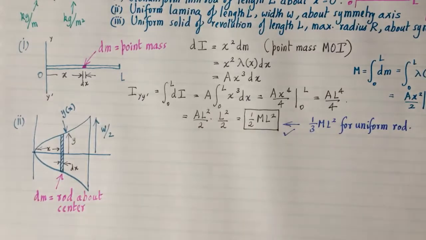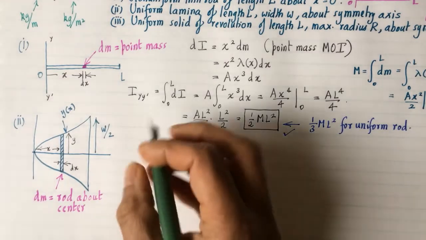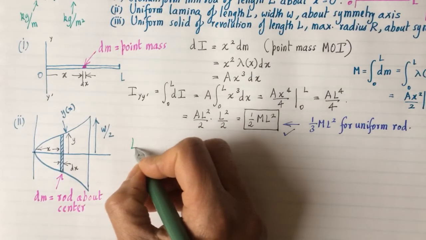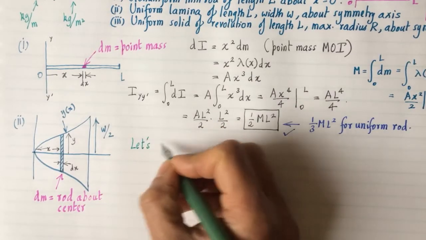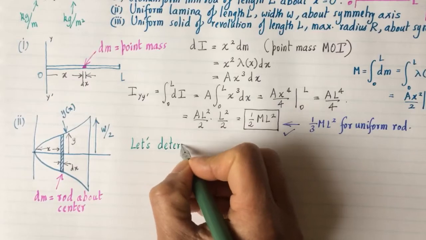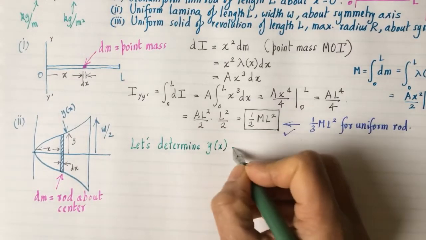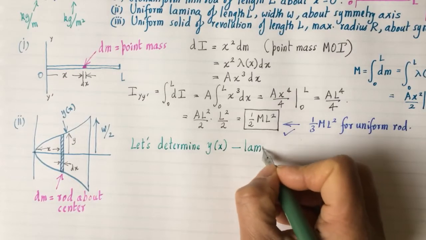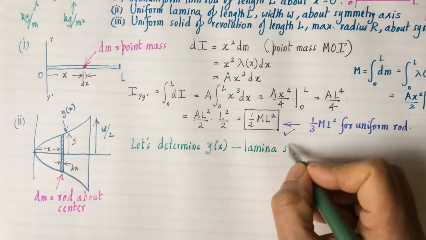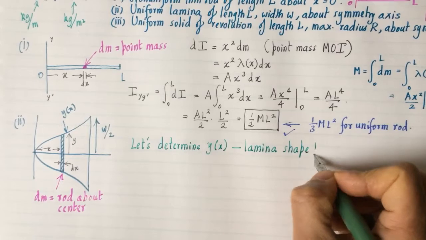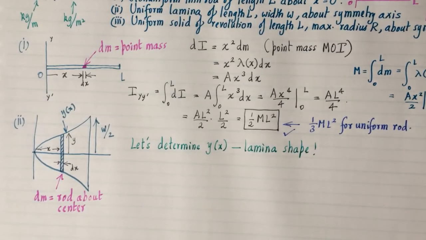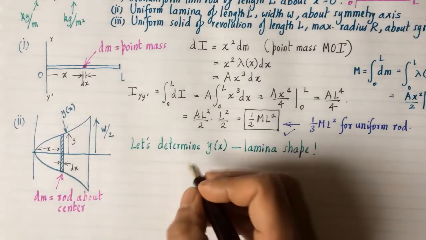The first thing we need to do is determine the laminar shape. Let's determine y of x, and that's the laminar shape. So the idea is to look at mass density in a different way.